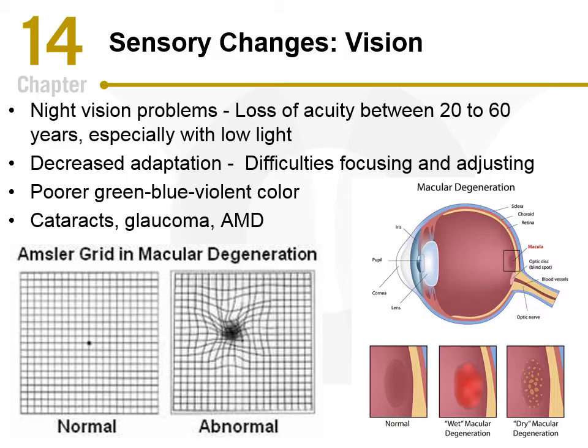But there's also a gender to this. So white females are going to be the most likely to have age-related macular degeneration. About 35% of women age 70 or above will have macular degeneration, AMD. So that is something to think about as you begin to deal with older individuals.